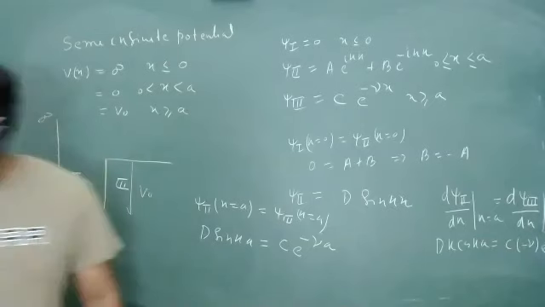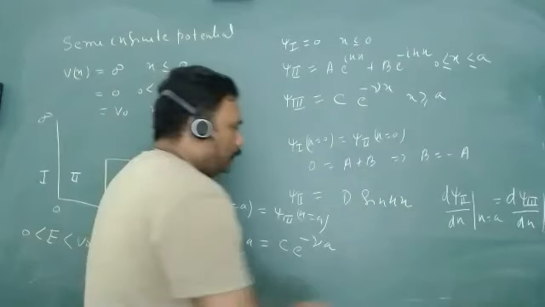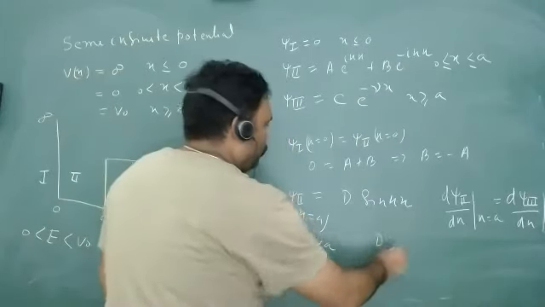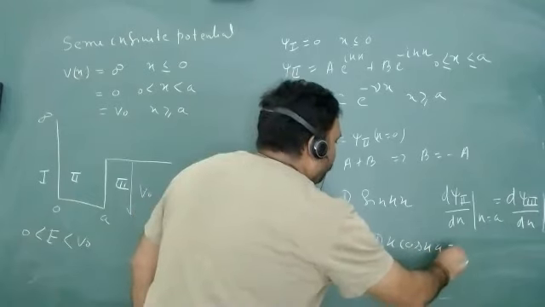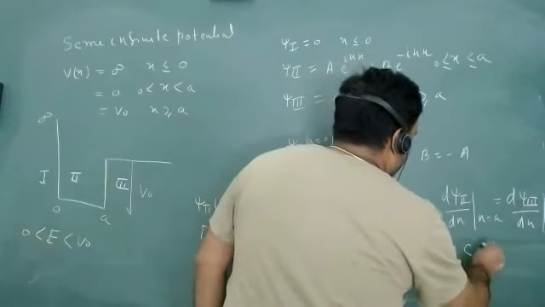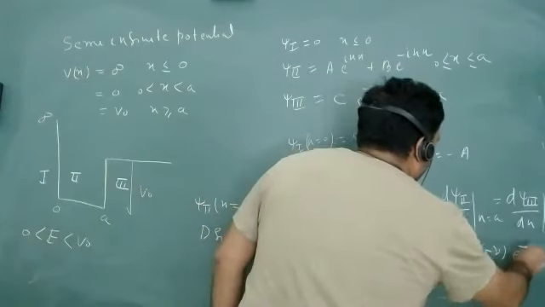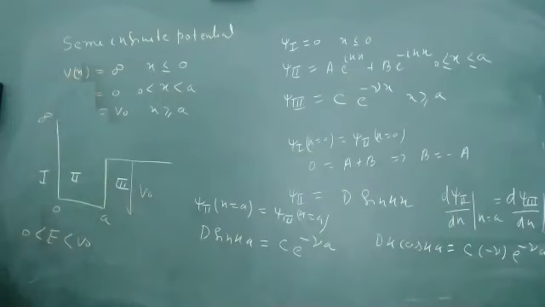Is it not clear? I am writing here, okay? D k cos ka is equal to C minus gamma e to the power minus gamma a. What will be the next step? Can anybody suggest?